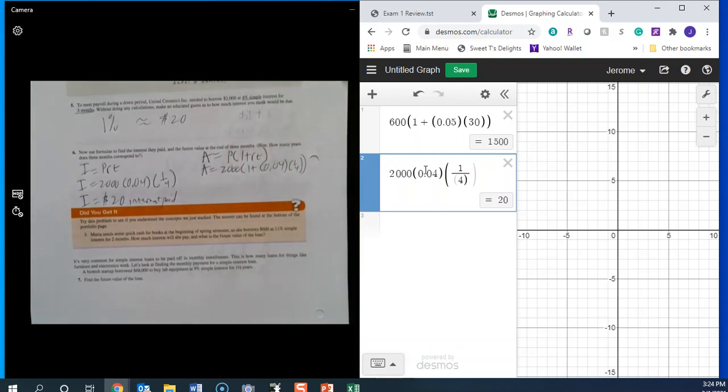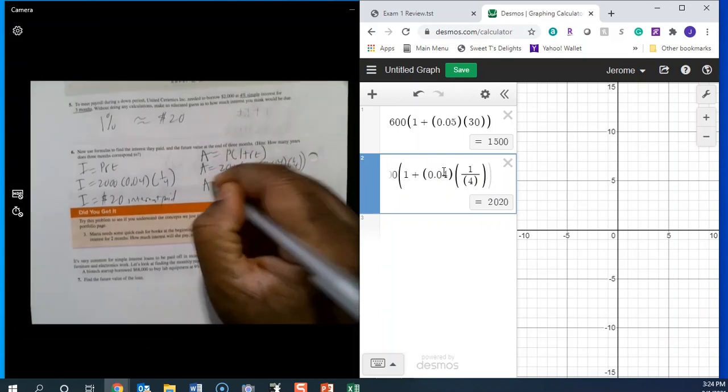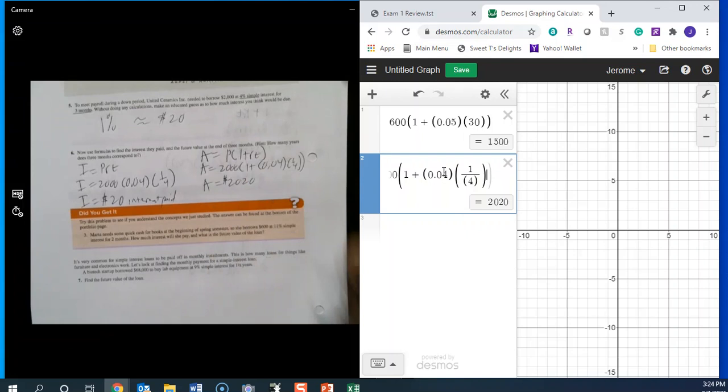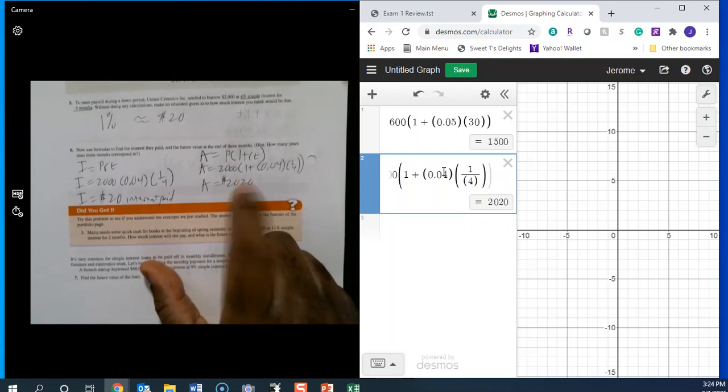Now, we could actually take this here, put a parenthesis and put 1 plus. And if you notice here, we got that. You notice here our answer is $2,020. Now, let me explain to you why it's $2,020. Because you're paying $20 in interest, which means that you still have to pay back the original amount you had plus $20. And this did it all together.